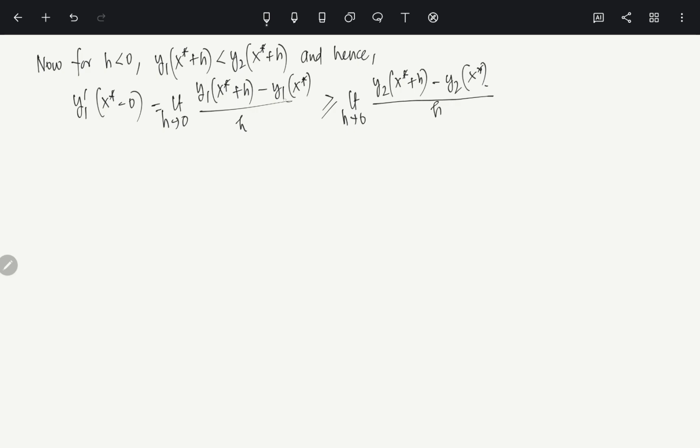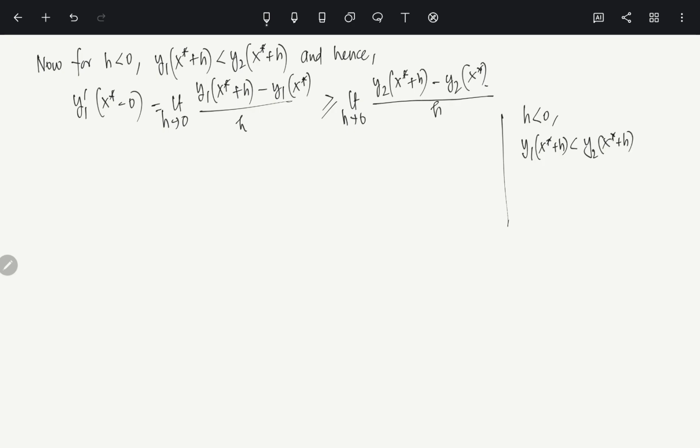Why this greater than or equal to sign? Let's understand that. At x star, y1 and y2 are the same, so nothing happens here. For h negative, y1 of x star plus h is dominated by y2 of x star plus h, right?